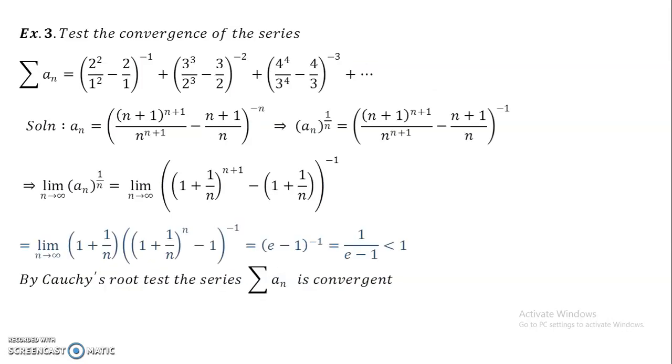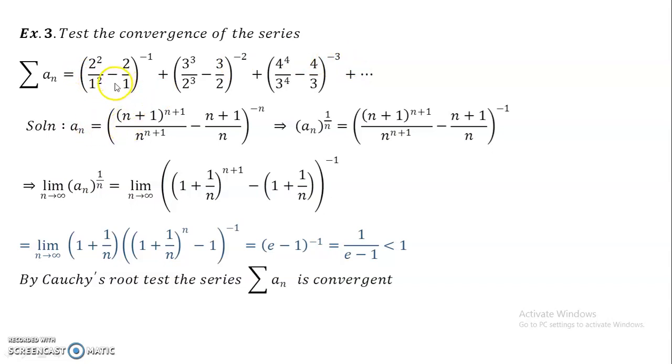And in the third example, again you test the convergence of the series, in which the term should be in the expansion form, where the power is minus 1, minus 2, minus 3, decreasing in nature, but there is a root there.